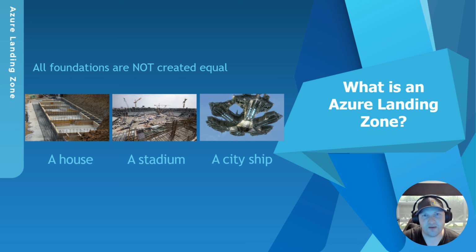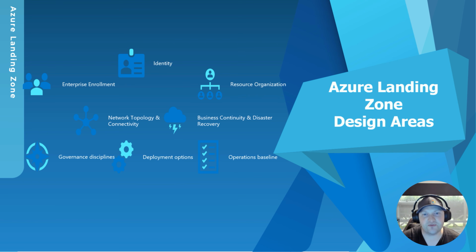When it comes to Azure Landing Zone, there are definitely different areas to consider that are part of the well-architected and cloud adoption frameworks. Things like identity: who can access it, when can they access it. Resource organization: how do you organize your subscriptions, your resource groups, your resources?